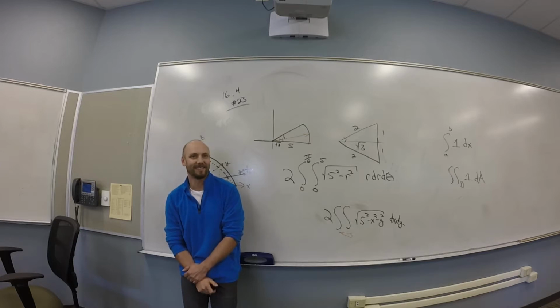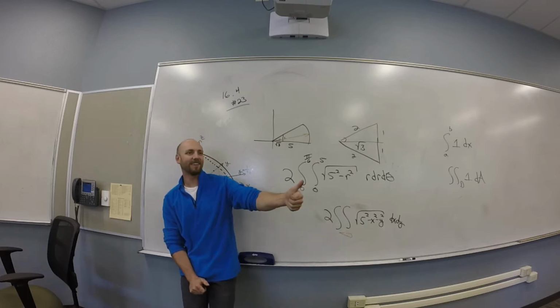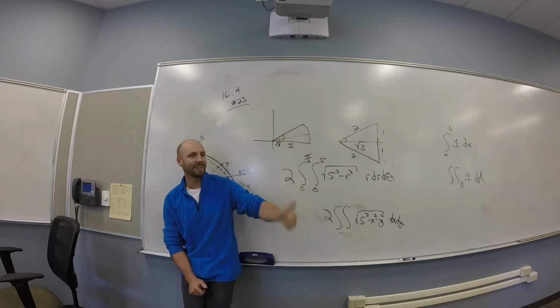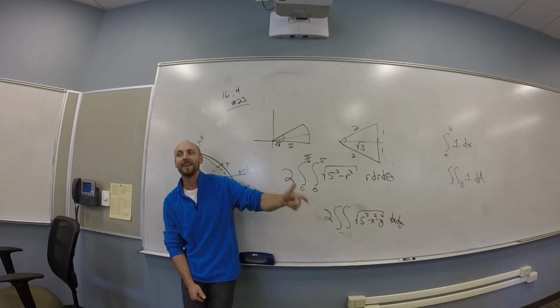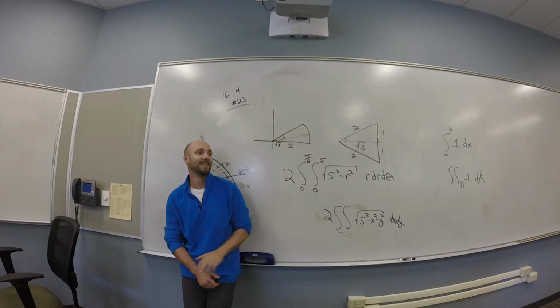Always think of u-sub. That should be your first go-to trick. If it's not a function that you recognize as the derivative of something, u-sub is your next best bet. After u-sub, in Calc 3, abandon and convert to a different coordinate system.